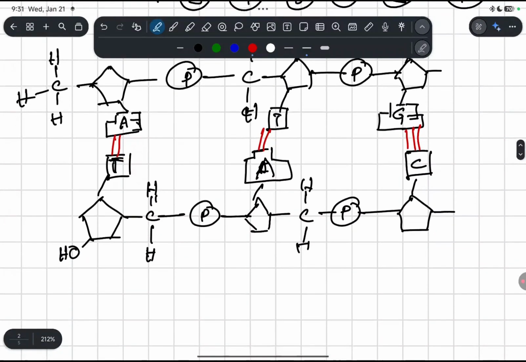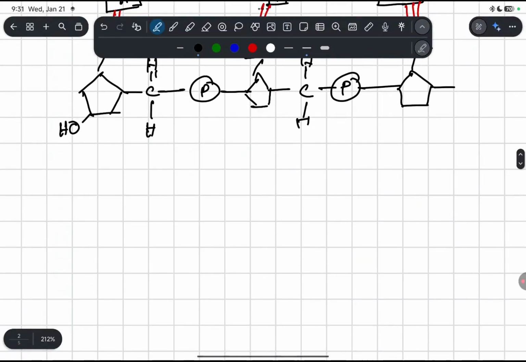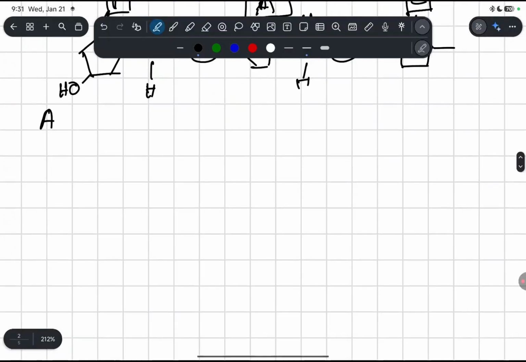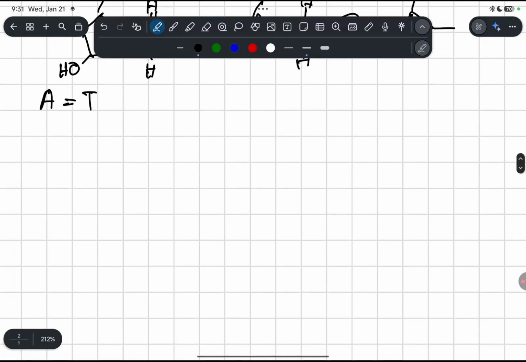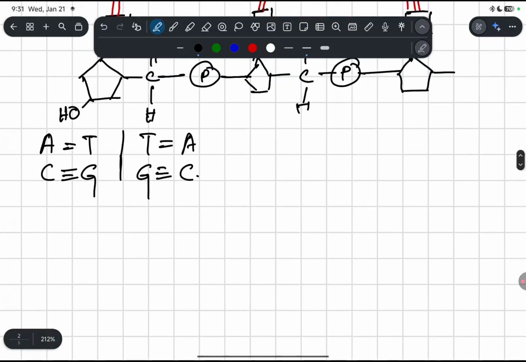So yeah, as I said, adenine will always form a double bond with thymine. Thymine will always form a double bond with adenine, but cytosine will form the triple bond with guanine, and the same vice versa. G will form a triple bond with cytosine, right?